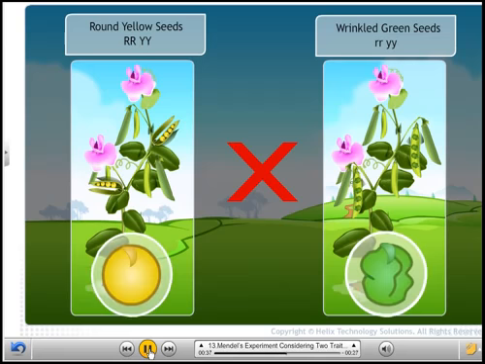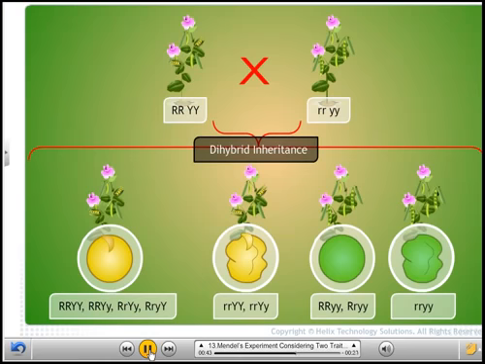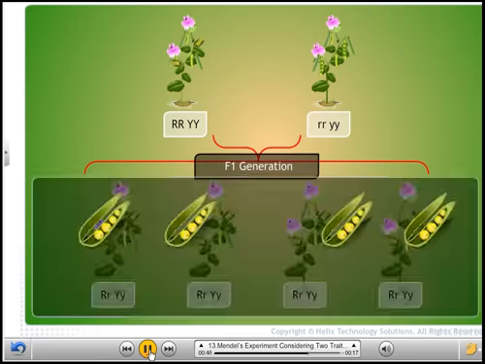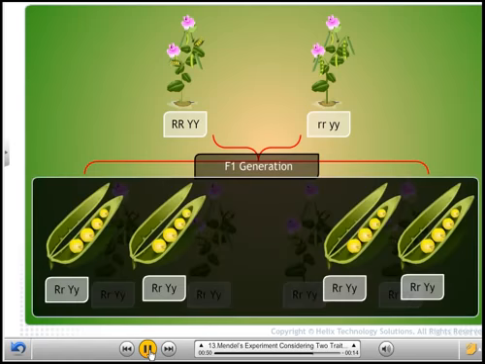The inheritance of two such characters is known as dihybrid inheritance. The entire F1 progeny produces round and yellow seeds, Rr and Yy.